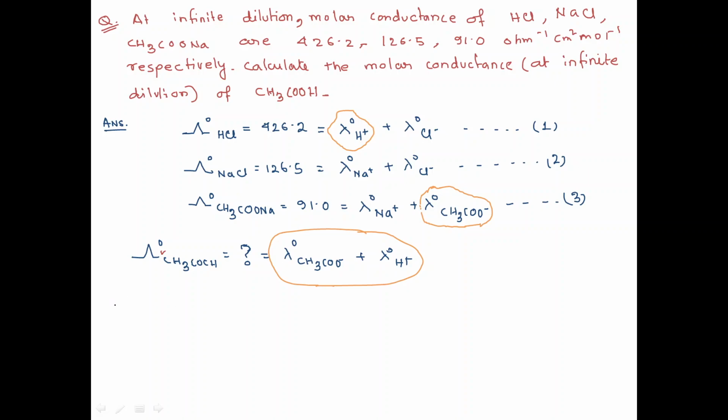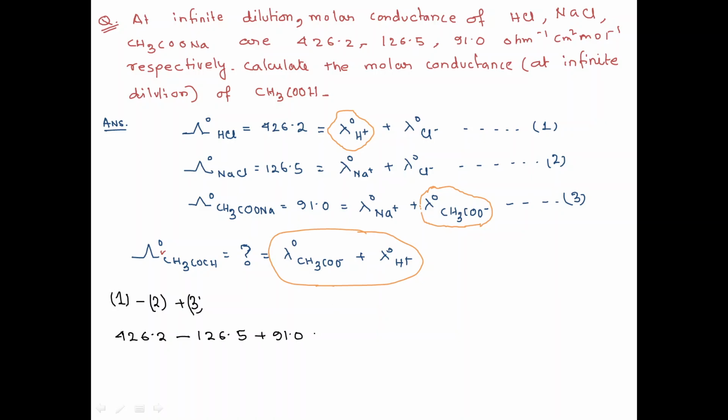What can I do? We'll do equation 1 minus equation 2 plus equation 3. Okay, now what we'll get? From the left hand side, 426.2 minus 126.5 plus 91.0, correct.